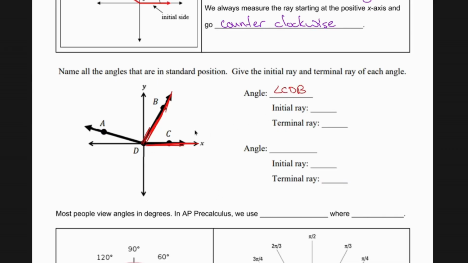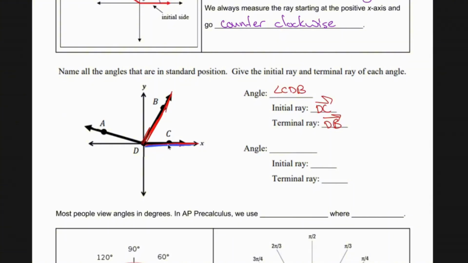My initial ray is ray DC, and the terminal ray is ray DB. Of course, when we name a ray, we start out with the endpoint first, and then the ray is the last part. Now, that is one of our angles in standard position.